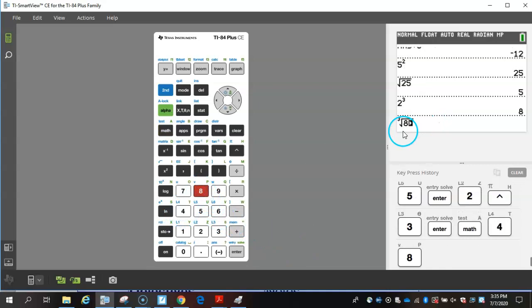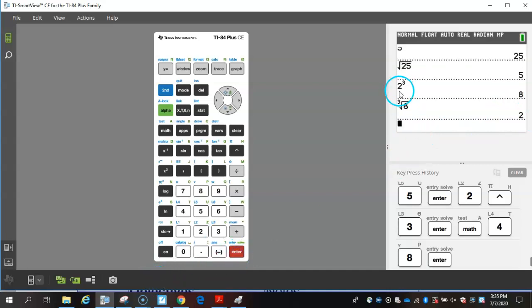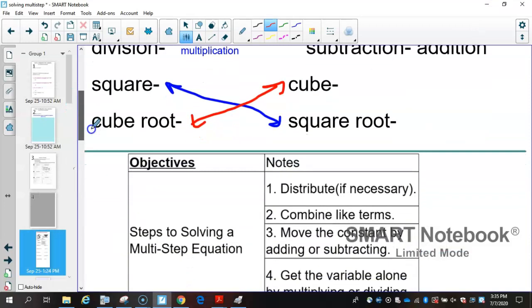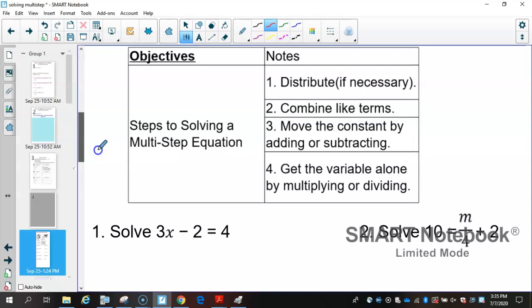I'm looking for what number multiplied by itself 3 times now will give me 8. And that's 2. They undid each other. So now that we know that, we can talk about how do we actually solve.